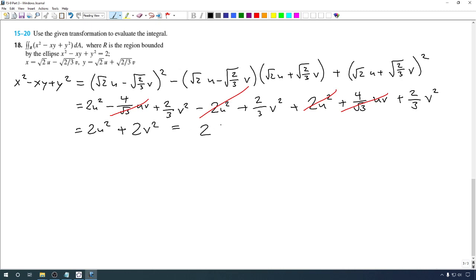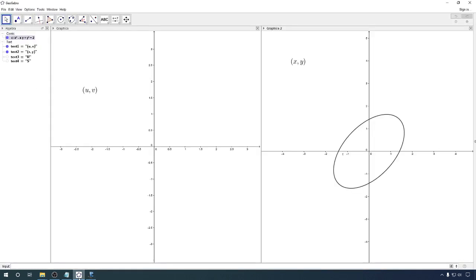In fact, I'm going to go ahead and factor out the 2. This thing here just simplifies to 2 times u squared plus v squared. In other words, this thing equaling 2 means that u squared plus v squared equals 1. Cancel out that 2. So if we go ahead and plot our boundary of S, we just have the unit circle.